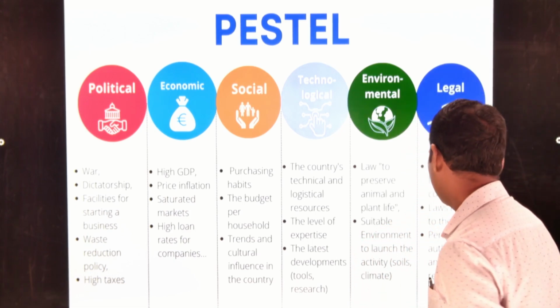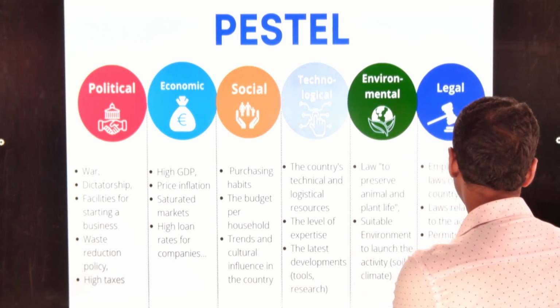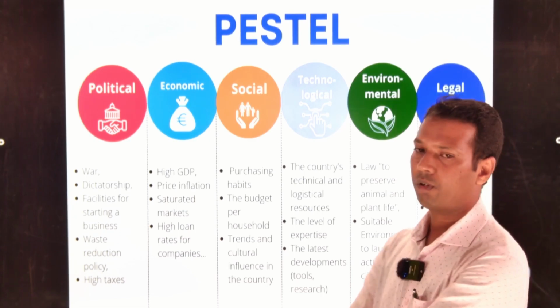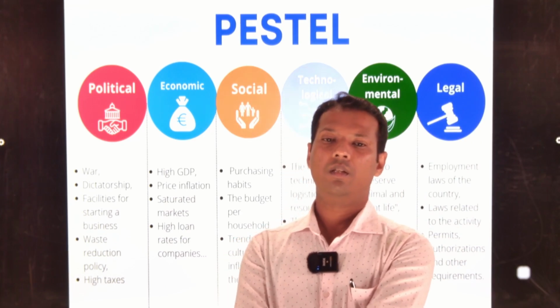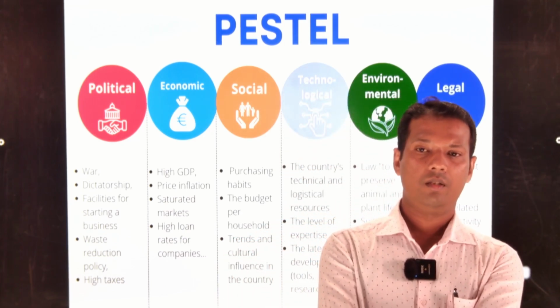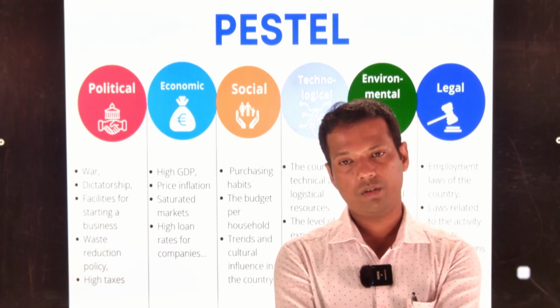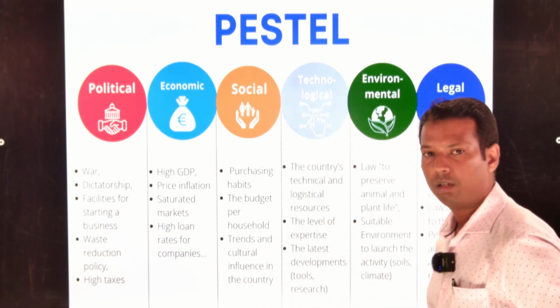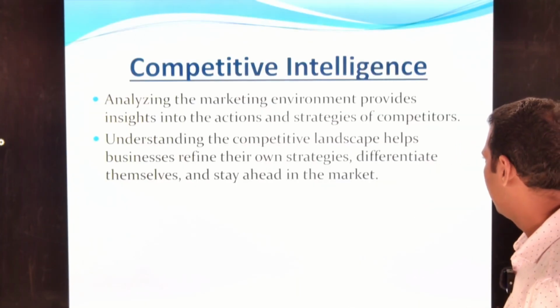And the last is legal. What do you mean by legal? What are the laws for operating in those particular locations? That has to be taken into consideration before entering into that geographical location. These are all about the PESTLE analysis.